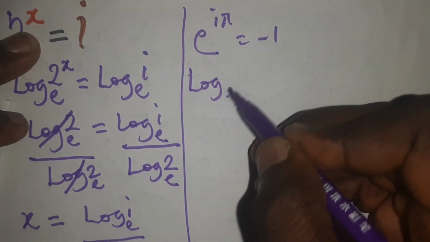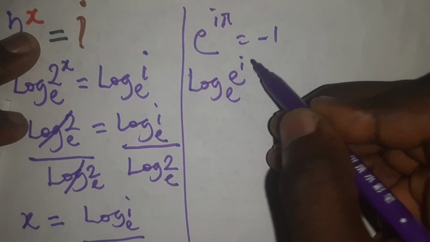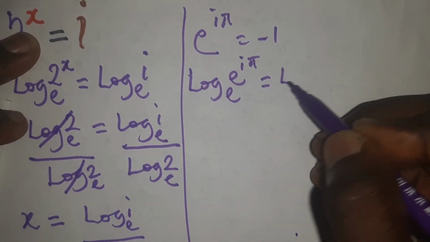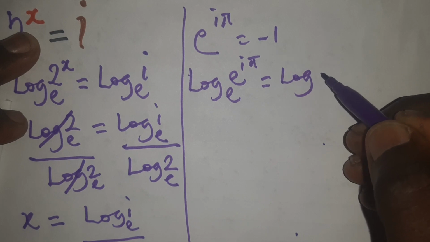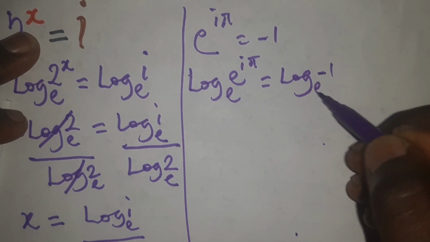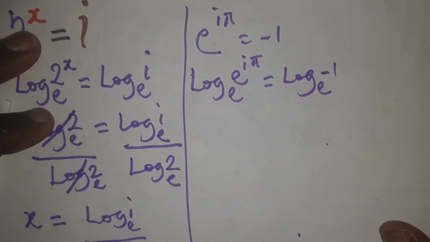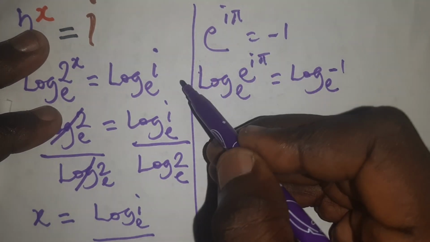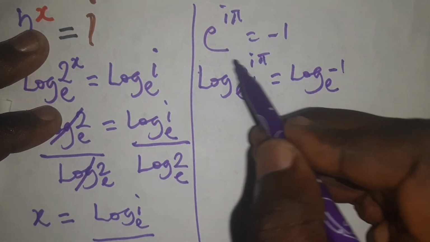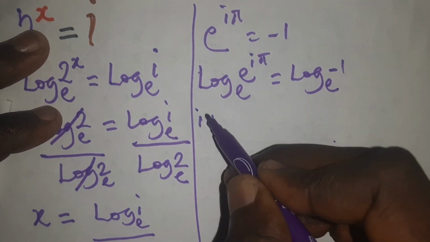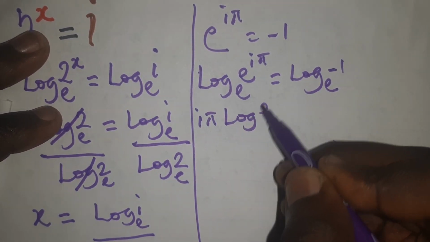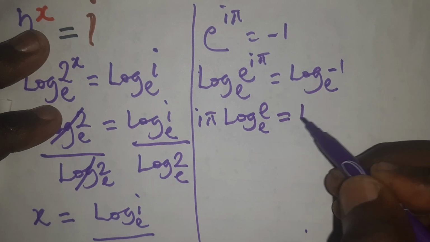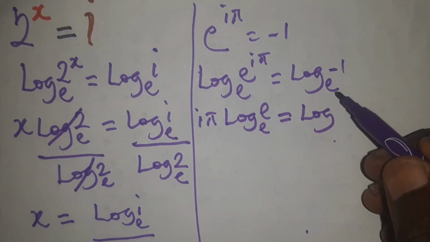So log to the base e of e raised to power i pi equals log to the base e of minus 1. And of course, the i pi can come in here and stand in product with the log e base e. We now have i pi log e to the base e equals log minus 1.